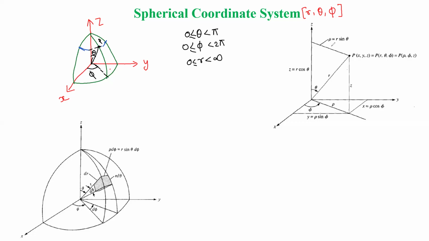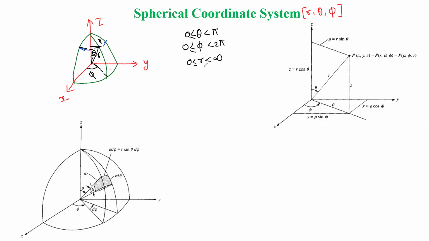Now here, if you see, if the globe is here, this line we are going to call the latitude. So what will be the radius of that latitude? This is our r here.